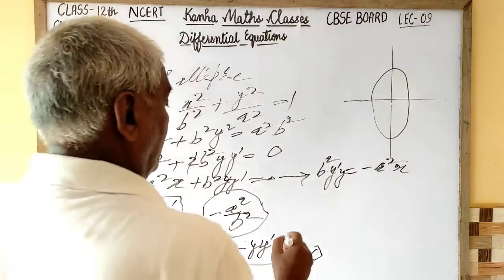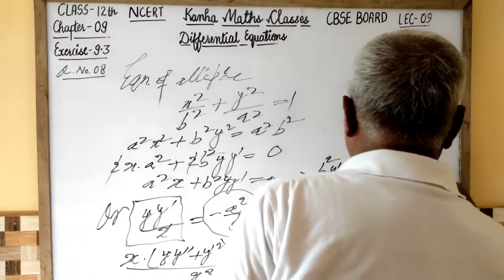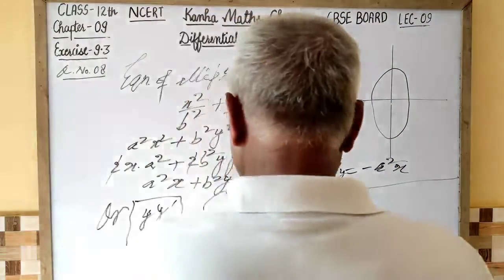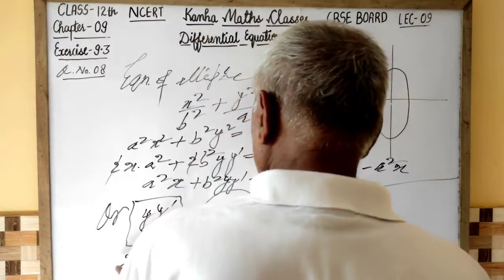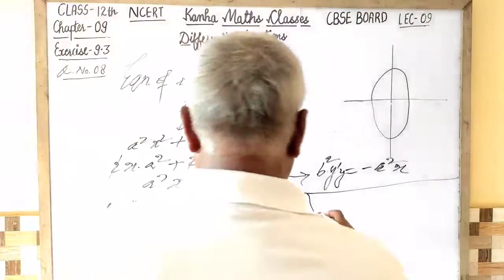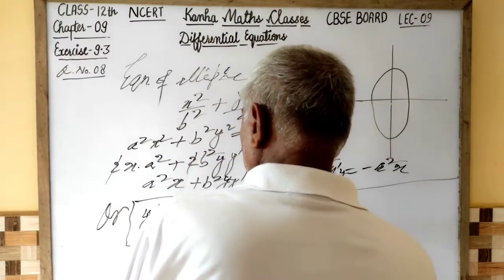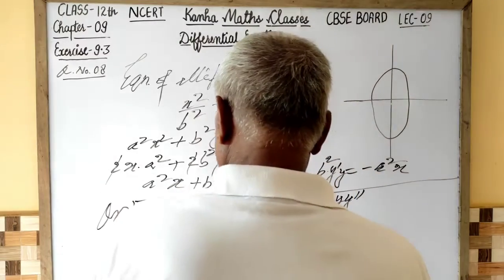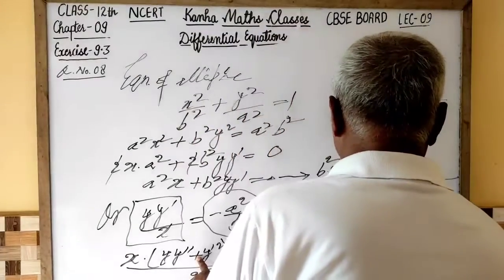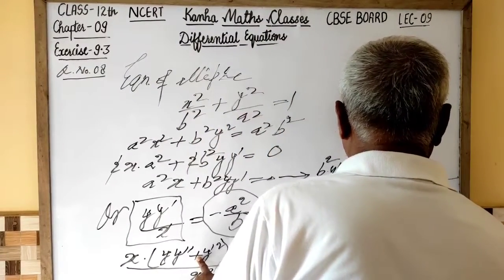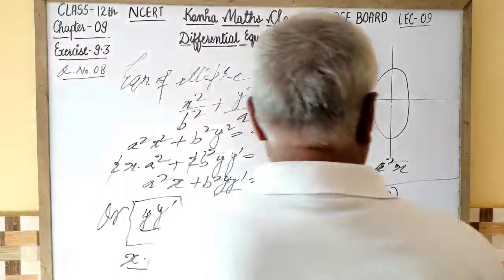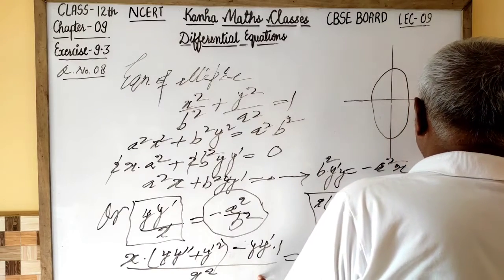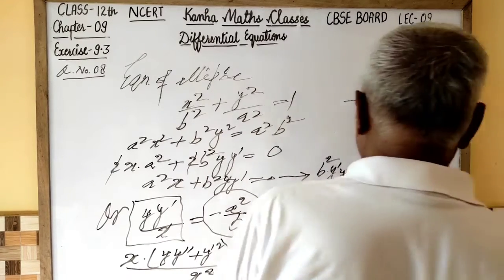Now we may conclude here in short: x square into 0 is equal to 0. It will be equal to x within the bracket y double dash plus y dash square minus y dash is equal to 0.